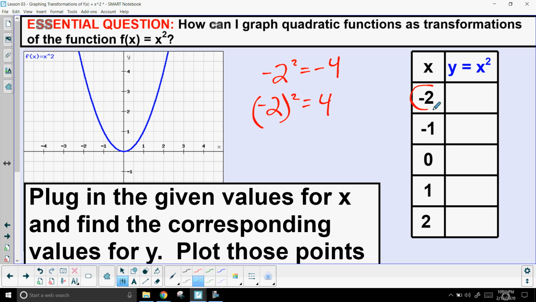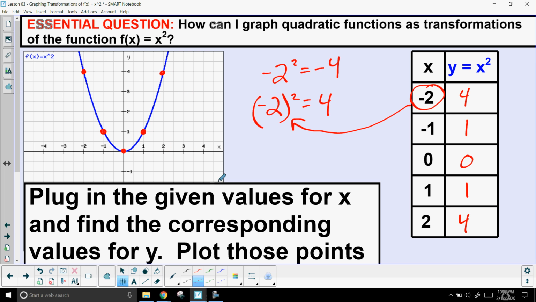When we're plugging stuff in, you need to use parentheses. So (-2) squared is 4. (-1) squared is 1. 0, 0, 1, and 4. And if you notice over here, the points correlate to what we just said. (-1, 1), boom. (0, 0), (1, 1), and then 2, and then up 4.